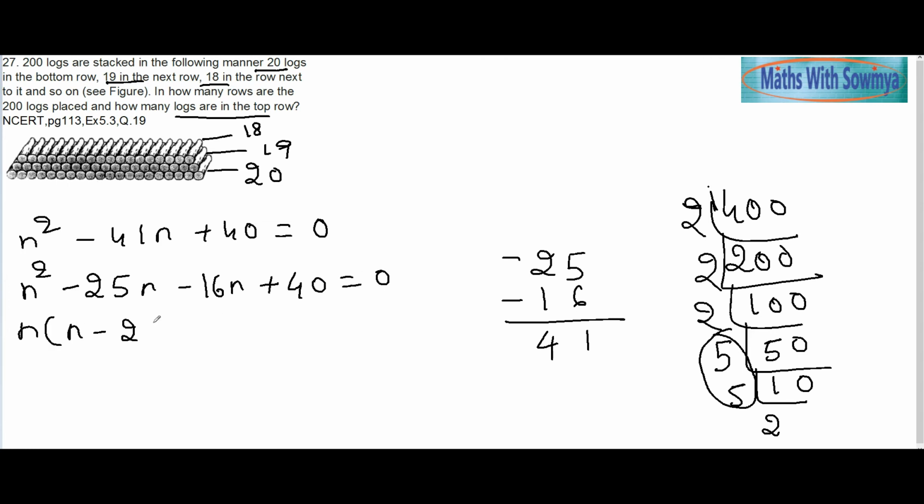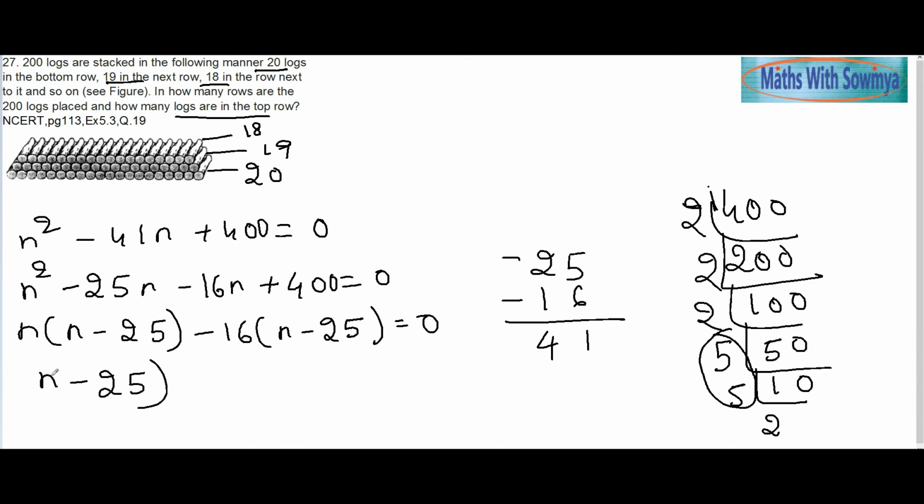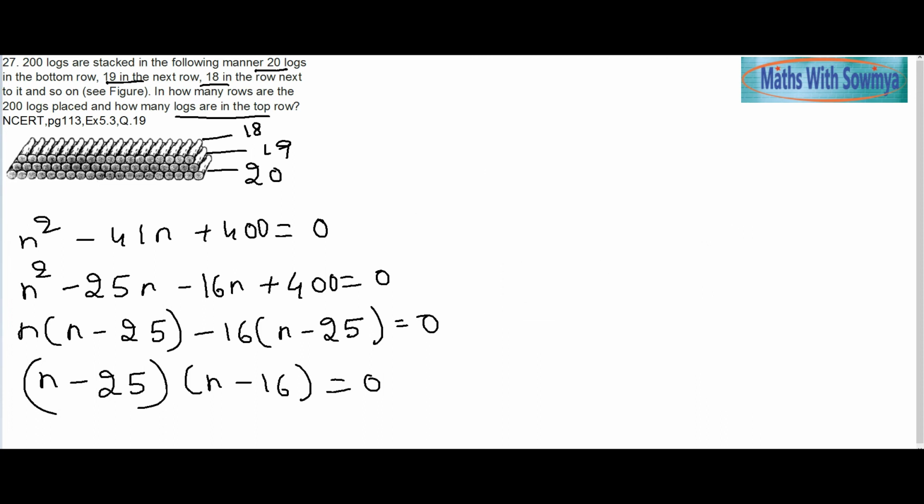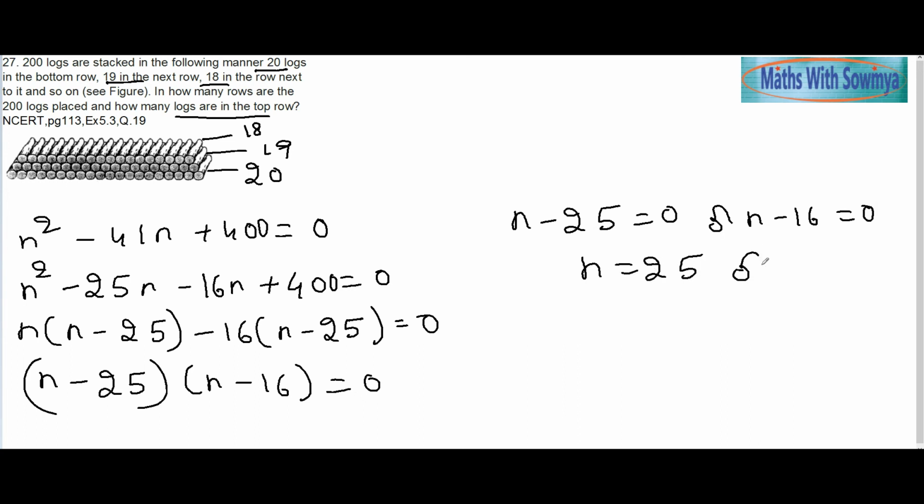Taking n common, n minus 25, n minus 16 is equal to 0. Now either n minus 25 is 0 or n minus 16 is 0. So n is equal to 25 or n is equal to 16. But we have to find which one is the answer.